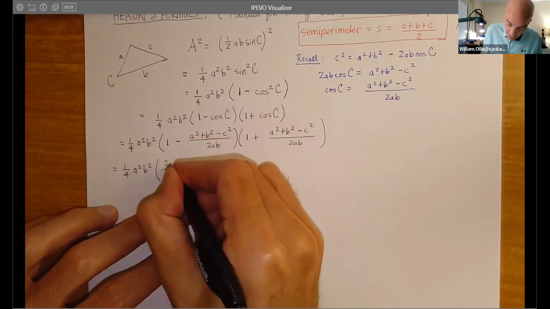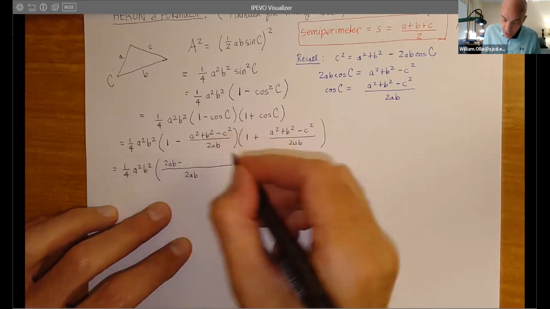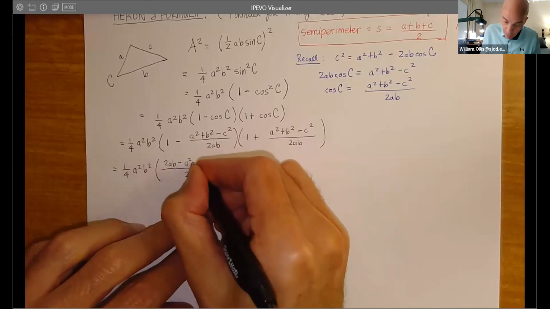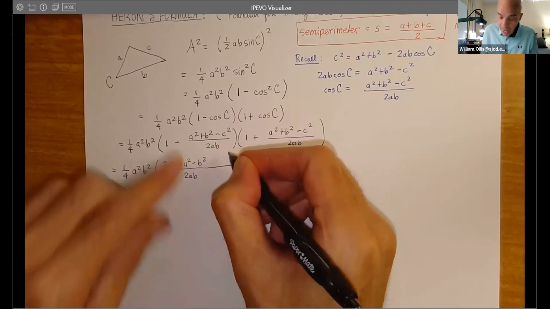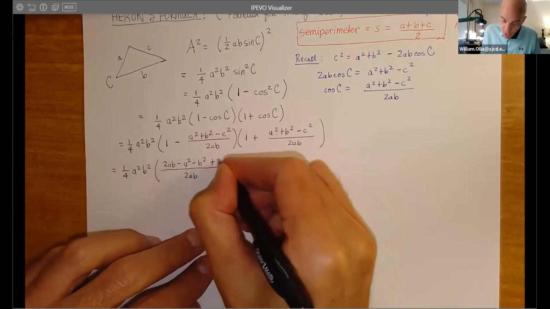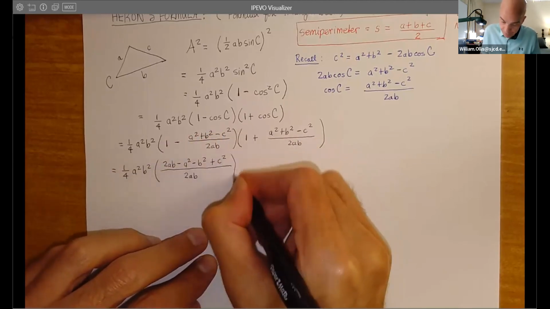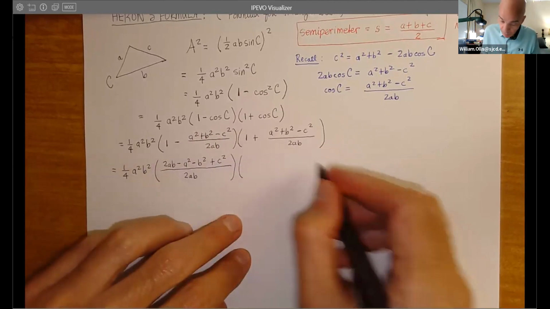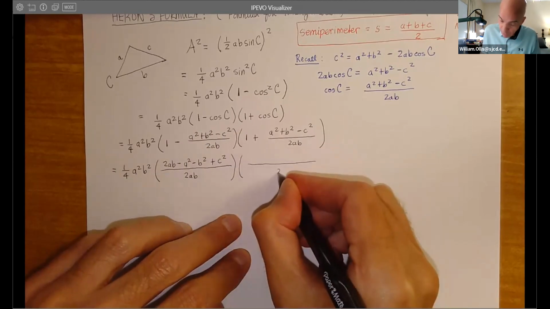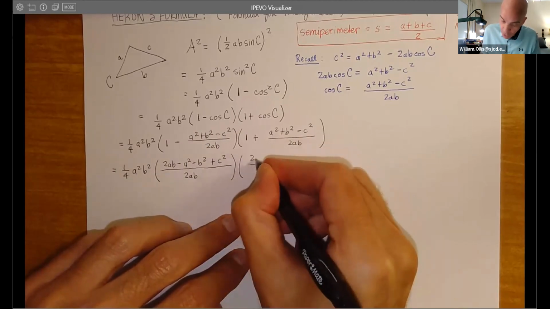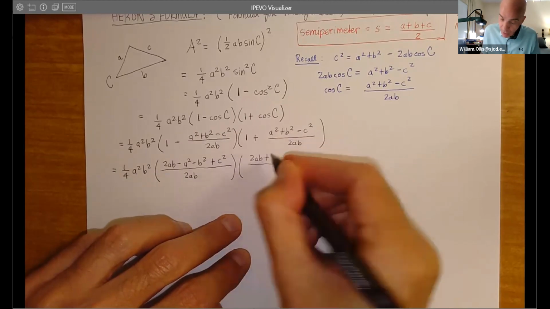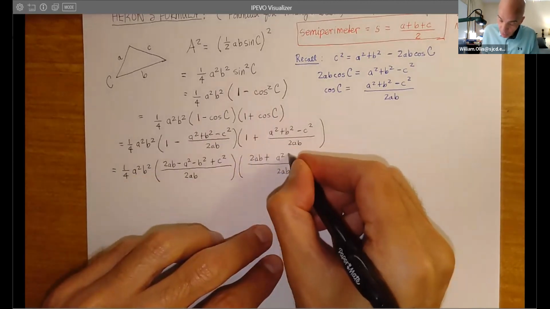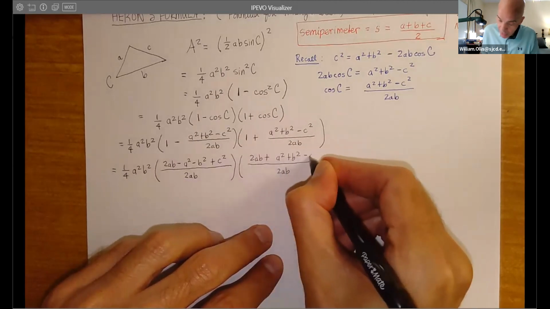So this is 2AB minus, so now distribute the minus sign here, minus A squared minus B squared minus a negative plus C squared, right there. Distribution law. 2AB, so we have 2AB, now plus, that's simple, just a plus sign. We have A squared plus B squared minus C squared.